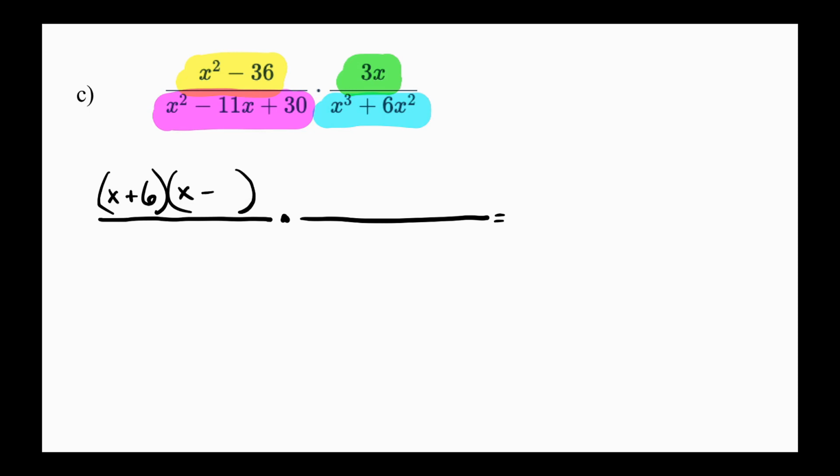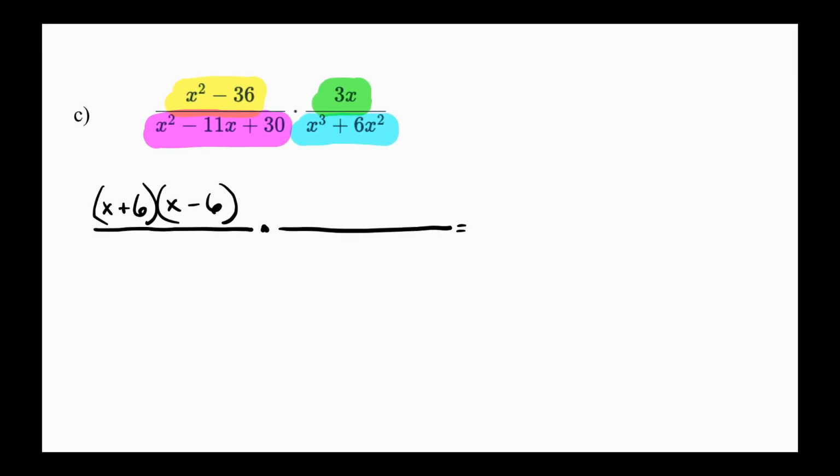We got a plus 6 and a minus 6, right? x plus 6 and x minus 6. Okay. Right below it, the purple color. That's a trinomial. That one does not have a GCF. So I've got to do ABC with that one.